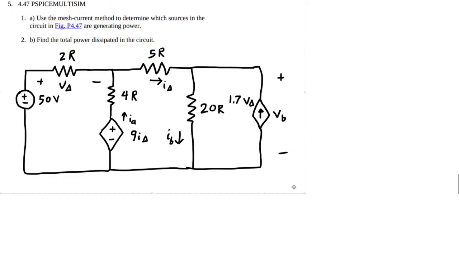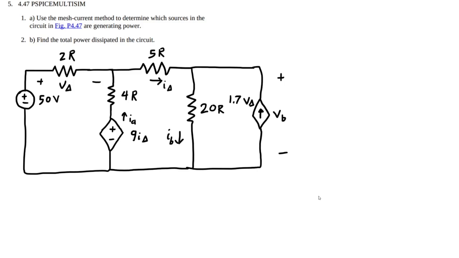For 4.47, we're going to use mesh analysis to determine which ones of these 3 voltage and current sources is sourcing or sinking current. That is to say, whether it's generating or dissipating power. And then we're going to find out the total power dissipated in the circuit.